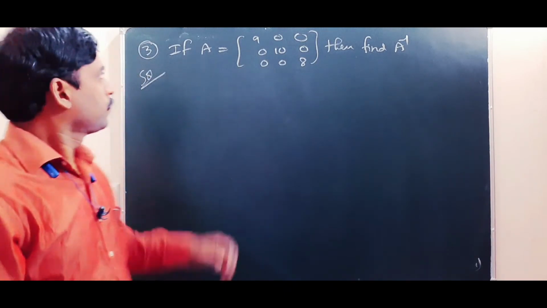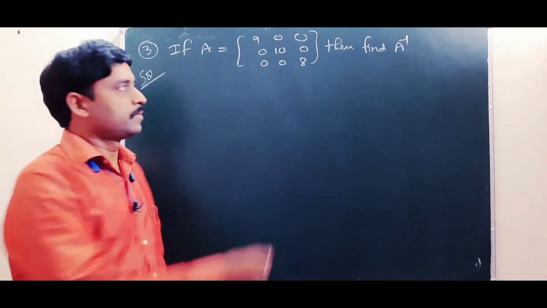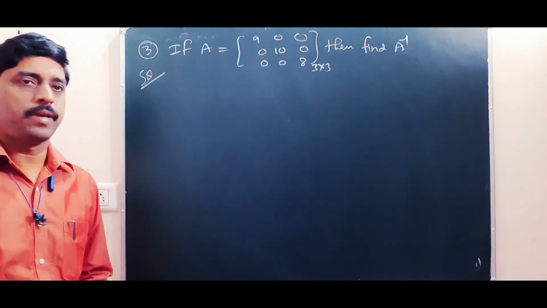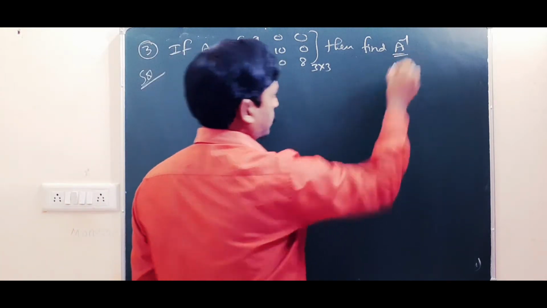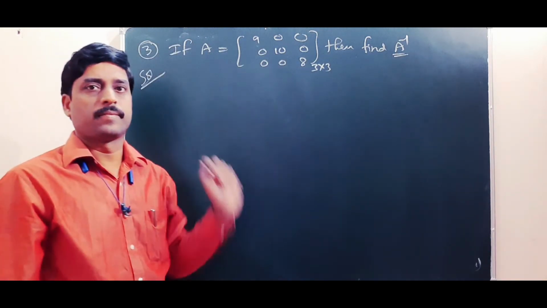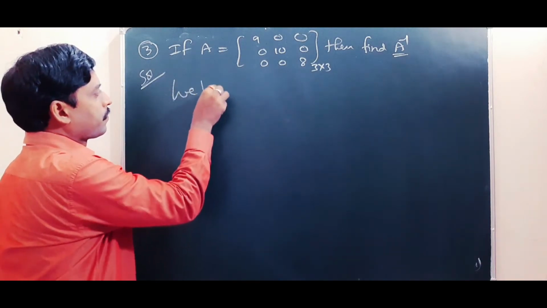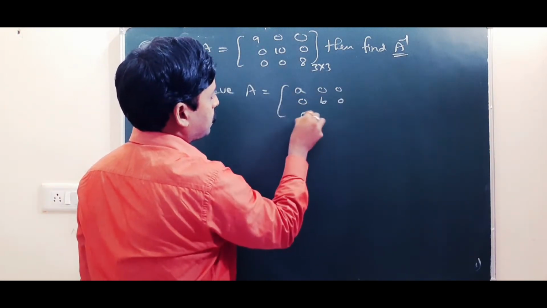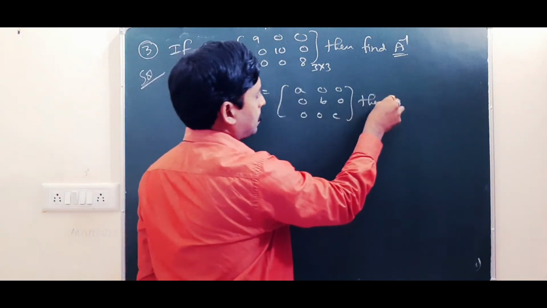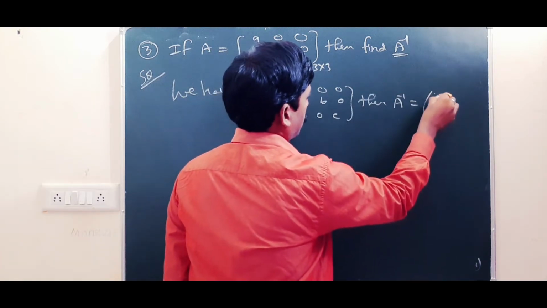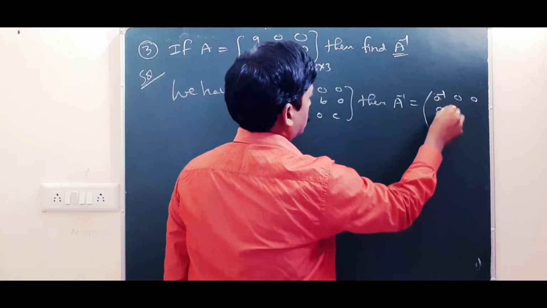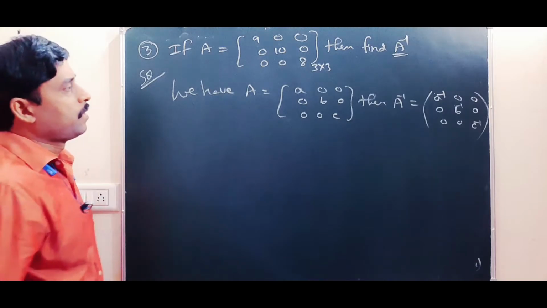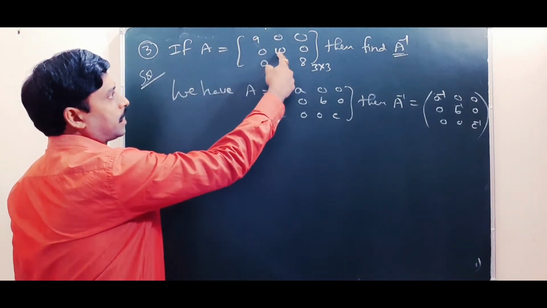Moving to the next question. Matrix A is given as a 3 by 3 matrix, 9 0 0, 0 10 0, 0 0 8. Then we have to find A inverse. This is a diagonal matrix, and we have a direct formula. If A is the matrix with a, b, c on the diagonal, then A inverse is the matrix with a inverse, b inverse, c inverse on the diagonal. Here the values a, b, c are 9, 10, 8.